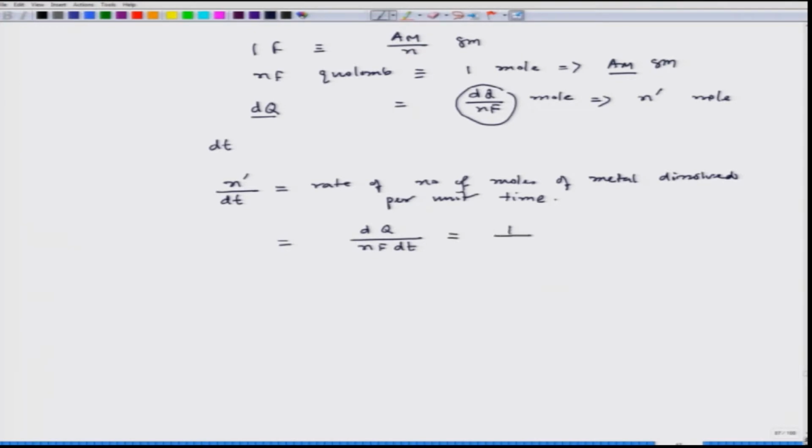Now, n is nothing but the oxidation number for this particular reaction. F is 1 Faraday, which is also constant. So, now I can write that this quantity dq by dt is nothing but I, so this equals I divided by nF.